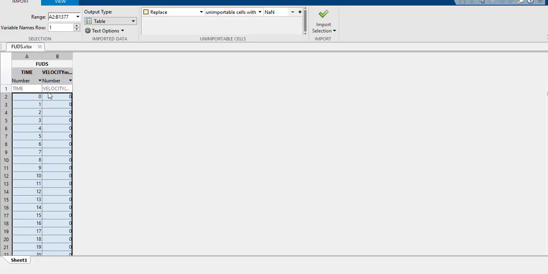So we are now mentioning velocity, so we put here the velocity as colon comma 2. So here we are putting down the velocity.